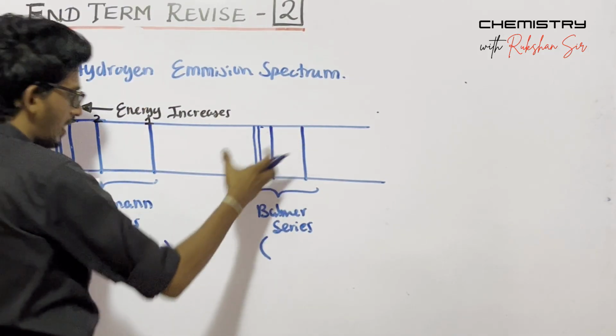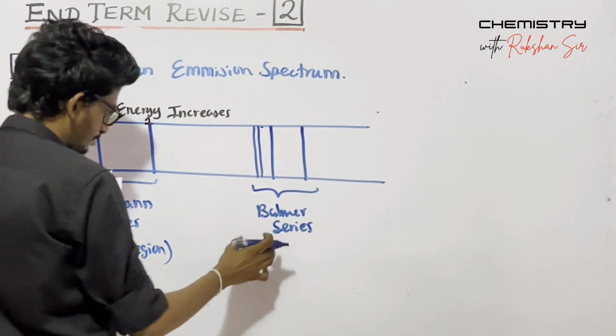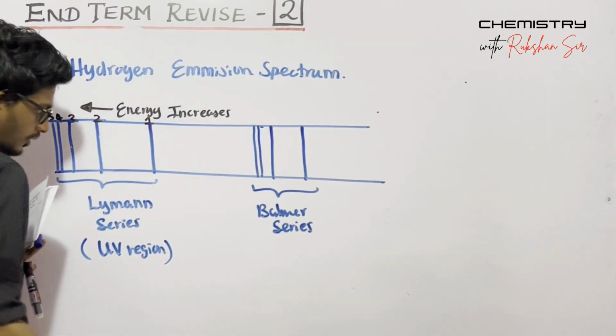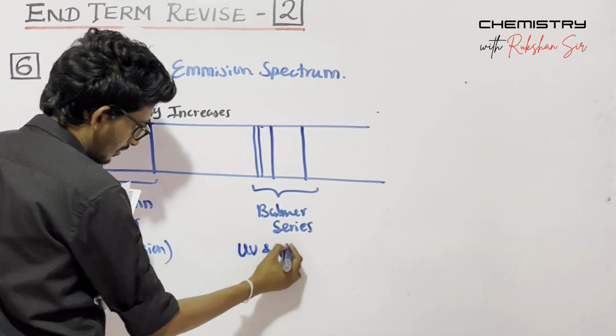The first four lines of the Balmer series appear in the visible region, but the others are in the UV region.